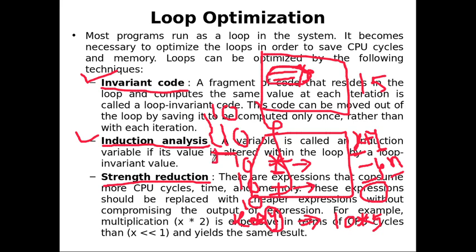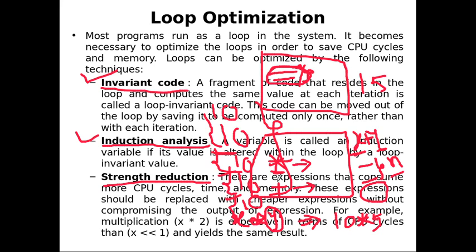Then this partial result goes with this one, and so on. These are all extra clock pulses we require. So if you are changing from multiplication to plus, that is also code optimization, because you are reducing the clock cycles.